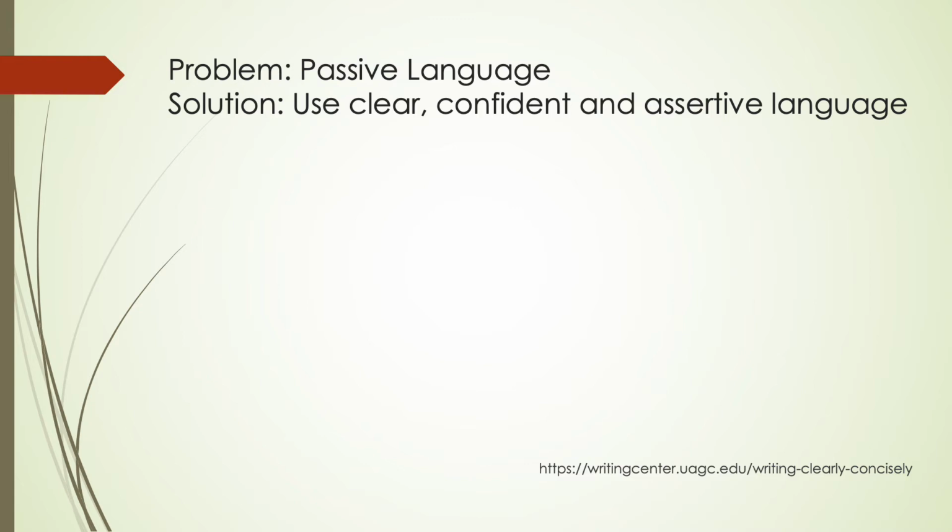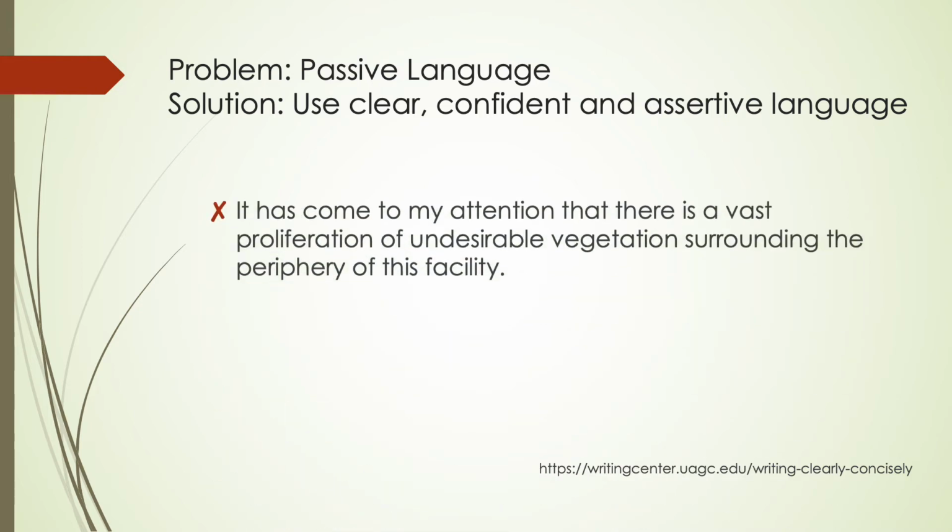The next solution we'll talk about is to use clear, confident, and assertive language. Here's an example. "It has come to my attention that there is a vast proliferation of undesirable vegetation surrounding the periphery of this facility." So we don't want to sound like a dictionary or a thesaurus.